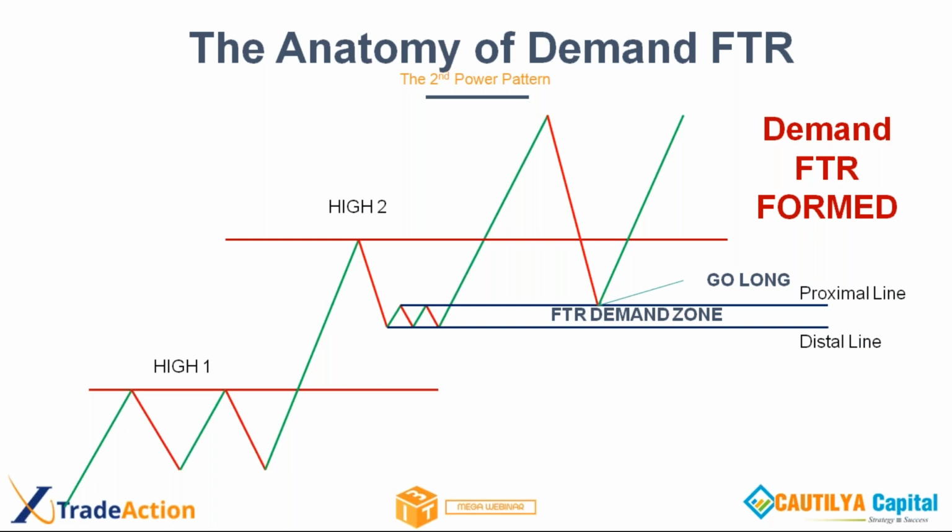It didn't form exactly at H2. If the base formation happened exactly at H2, you could have taken a flag limit trade at that point. I have no issue. Now the price has returned to the zone. This is an FTB and we will trade the FTB.